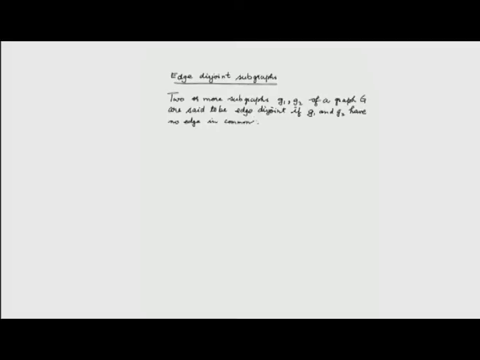Now, let us look at an example. Suppose we have a graph like this. Let us label the vertices V1, V2, V3, V4 and V5 and label the edges E1, E2, E3, E4, E5 and E6. So, let us call this graph as G. Now, let us look at a subgraph of this type.